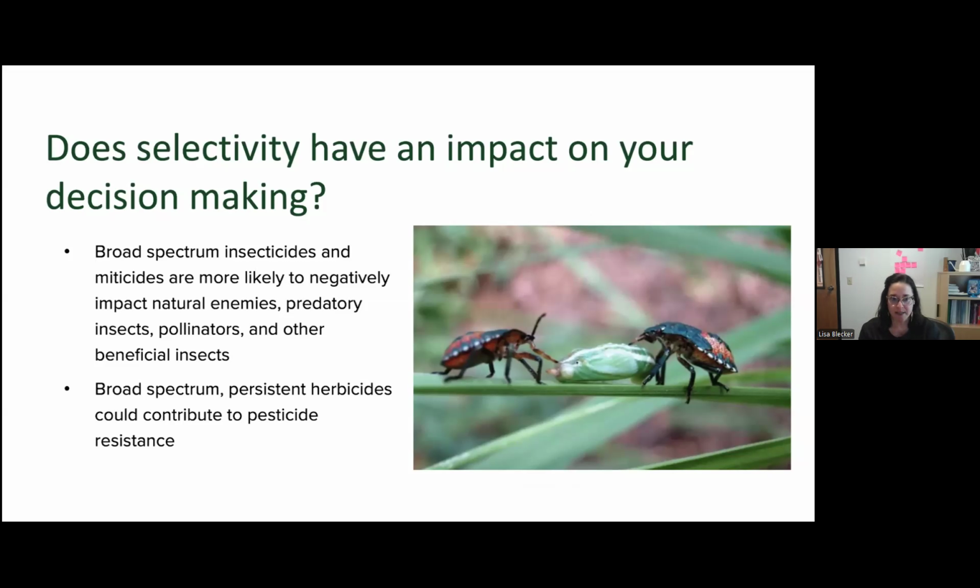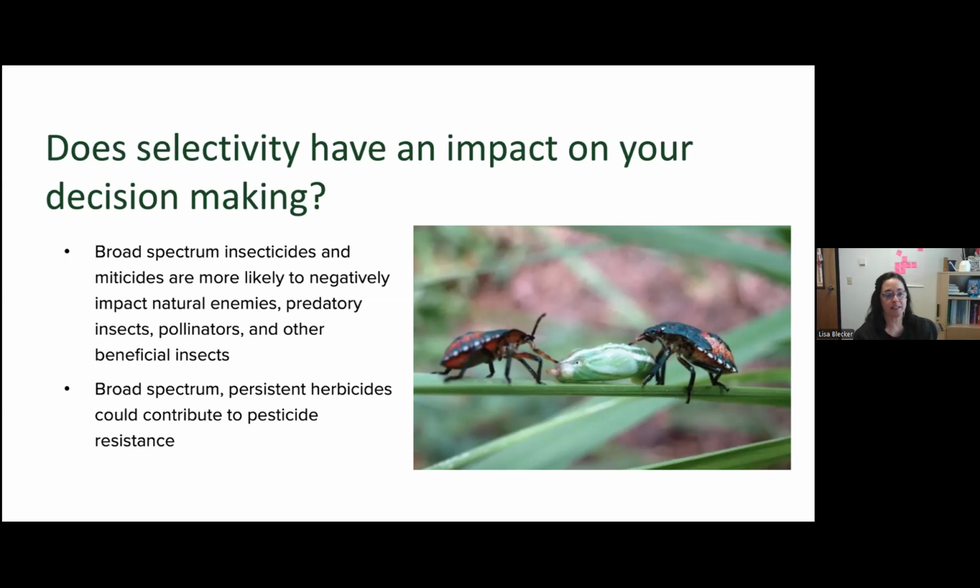So natural enemies, predatory insects, pollinators, and other beneficial insects. So basically, if your insecticide kills a wide variety of insects, you could also be causing harm to beneficial insects. So that's why I want you to choose something that's more selective, just has a narrower range of pests that it can control.